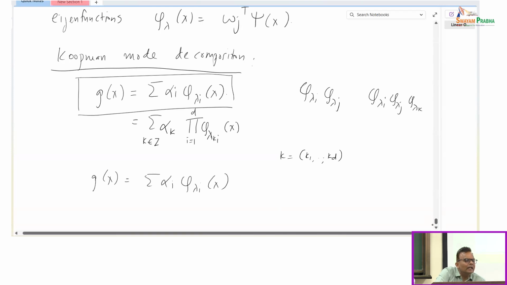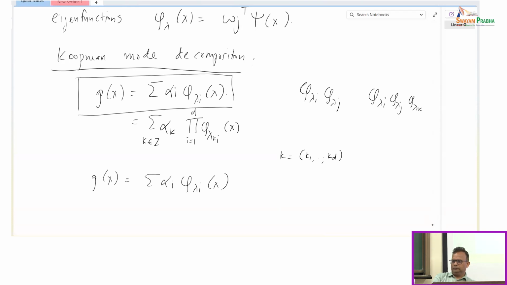Now I want to understand how these functions evolve over time. This function could encode the uncertainty in your initial condition, as I said. There are a lot of problems in robotics, and especially in power systems, where you are interested in understanding how uncertainty propagates.